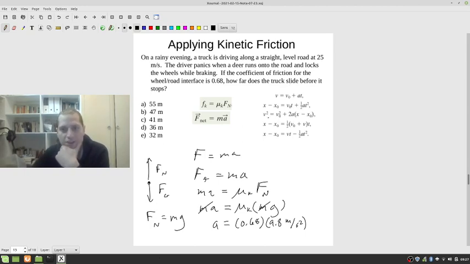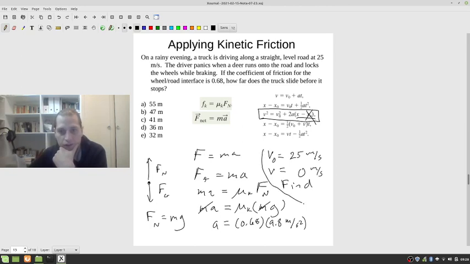Well, in this case, you can use an equation like this one because you know the initial speed. You know the v naught is going to be 25 meters per second. You know that the final speed is going to be 0 meters per second. You know what the acceleration is, and if you use 0 for your x naught, you want to find your x.